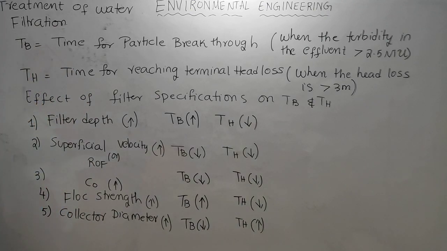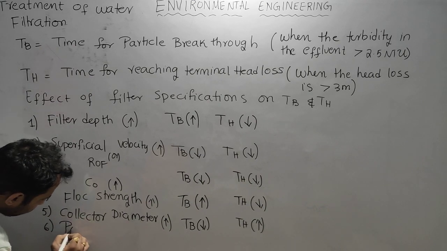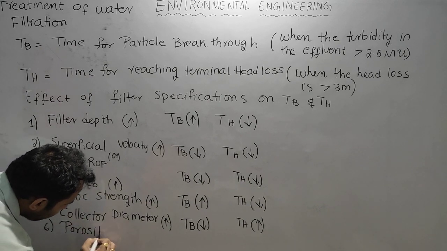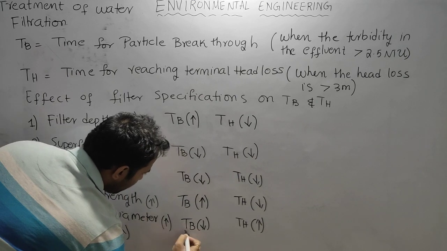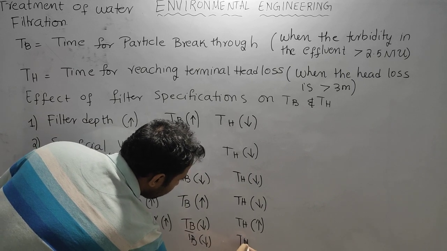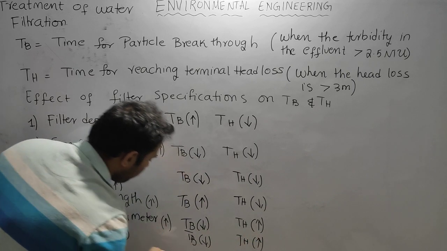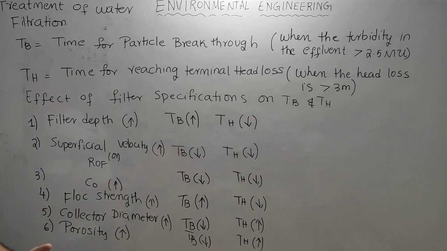And the last one is the porosity. If porosity increases, then the same effect happens here also. Both effects are the same, but in a different way. When the collector diameter is more, the porous spaces will obviously be more.